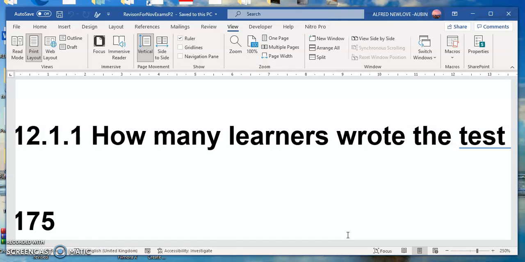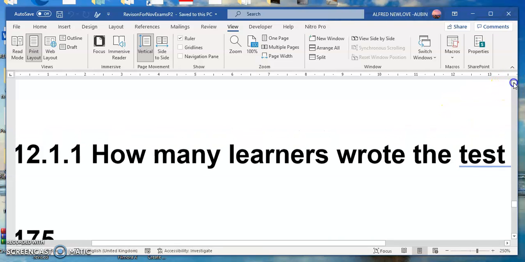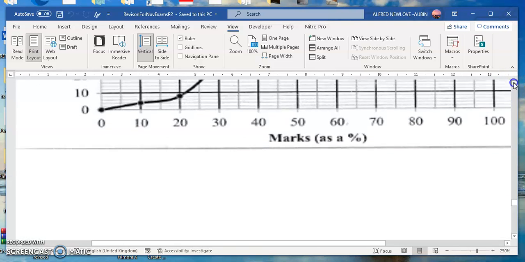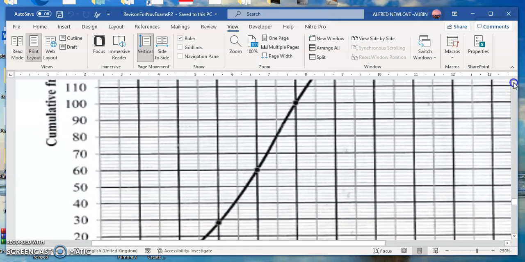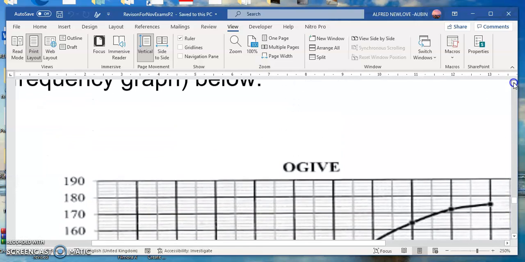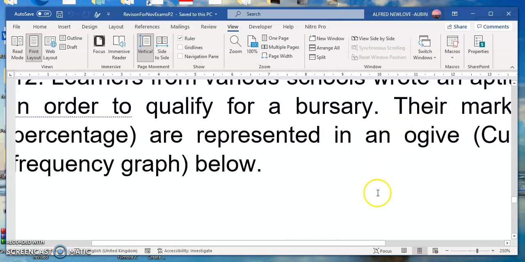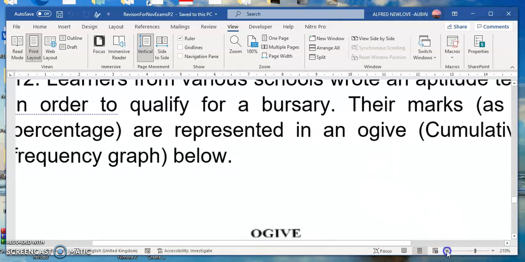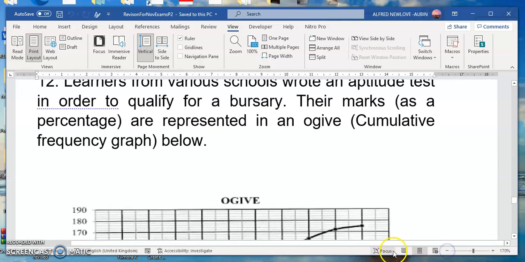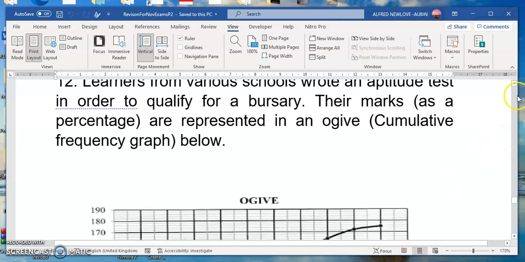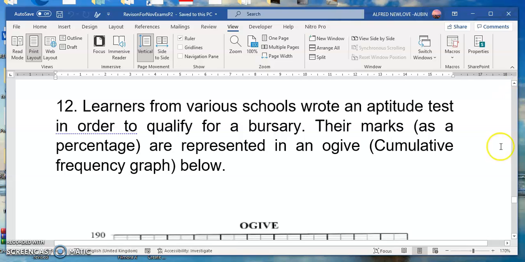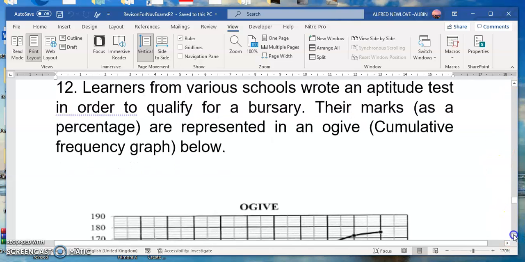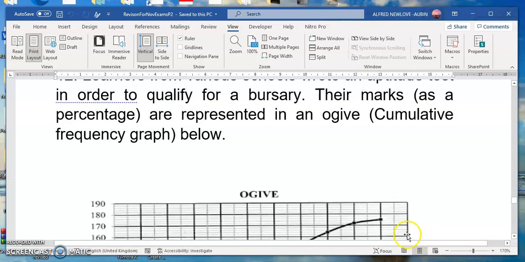Unless it was given in the question that the total number is 175. If you check this question, nothing was given, so we approximate. It's not exactly on 176, also not on 174.